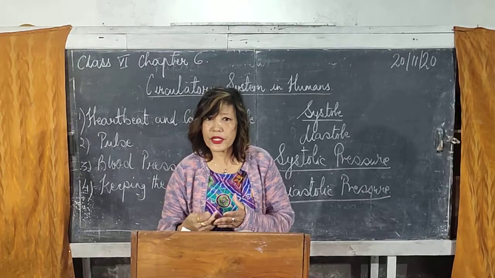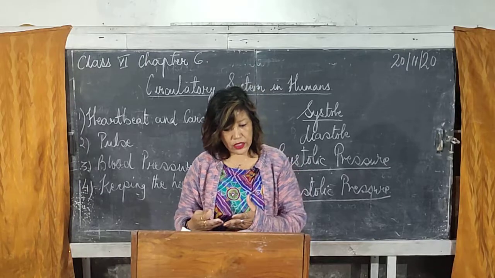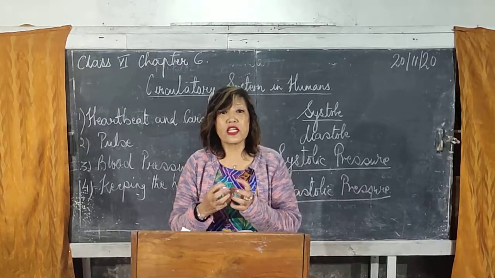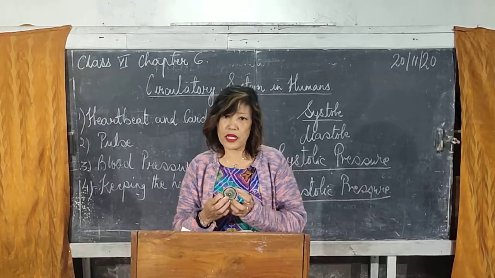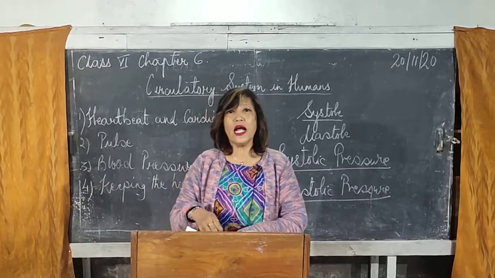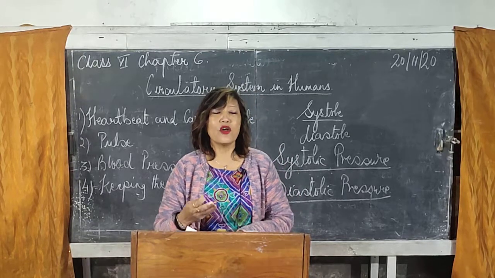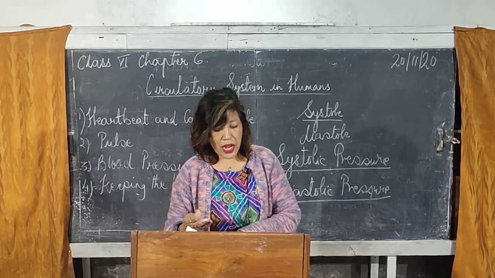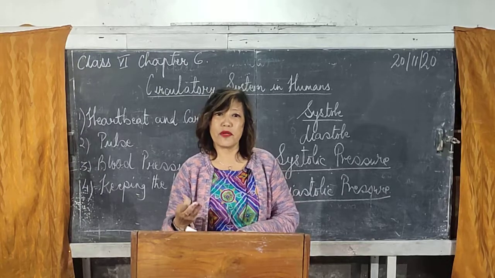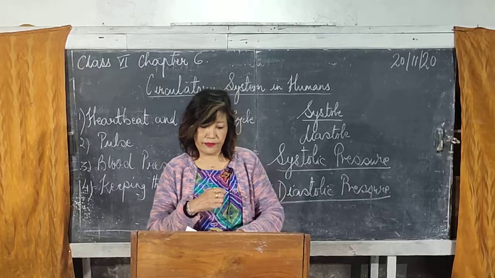And diastolic pressure is the pressure produced when the ventricles get filled with the blood from the auricles. The normal blood pressure in an adult is considered as 120 by 80 mm of mercury, and it varies from person to person.